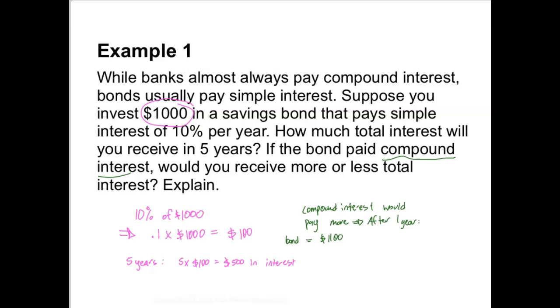After that year, you would earn 10% on that 1,100 instead of just 10% on the initial principal of 1,000. So 10% of 1,100 is now $110.